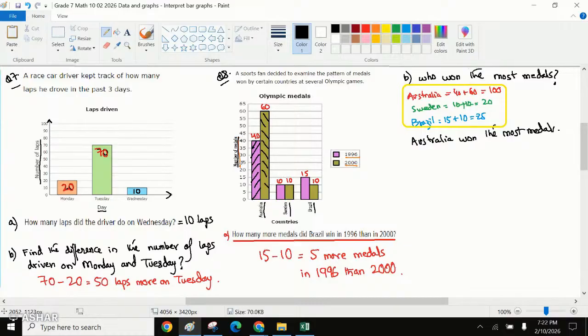Because we are looking at the number of medals on the vertical axis. So Australia had the highest bar. So we can directly say that Australia won the most medals. Agreed? Okay, let's make another question out of this.